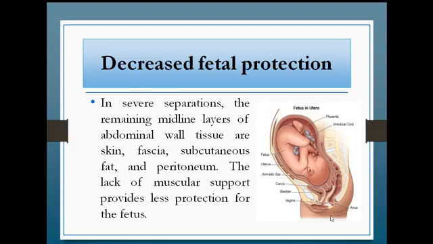So the muscles of the abdomen are covering and protecting the uterus. If a layer is separated and there is a gap, one protective layer is lost from the fetal protection. So it can decrease fetal protection, and it should be treated.